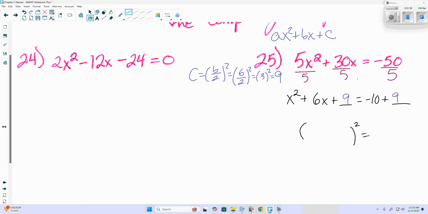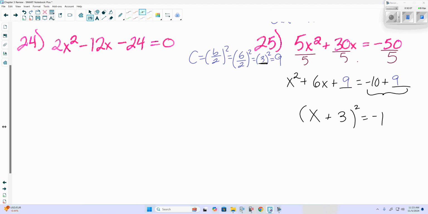And last but not least, we're going to factor this and then solve. So we need to factor our x squared plus 6x plus 9. It is going to be positive 3, because the number inside the parentheses when we factor is the same number that is inside the parentheses before we square it when finding c. Now the other side, negative 10 plus 9 is negative 1.